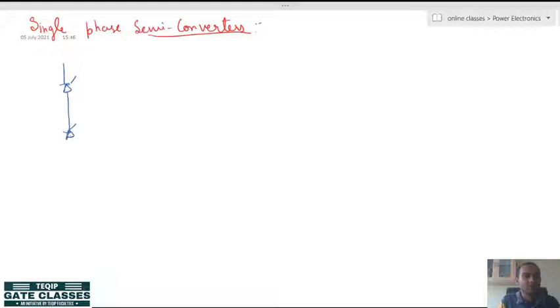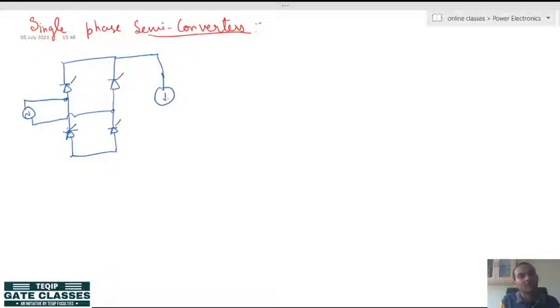I am talking about the controlled one. The constant current load I am representing, whether you take RL load or RLE load, I am taking continuous conduction mode, meaning constant ripple free current mode.